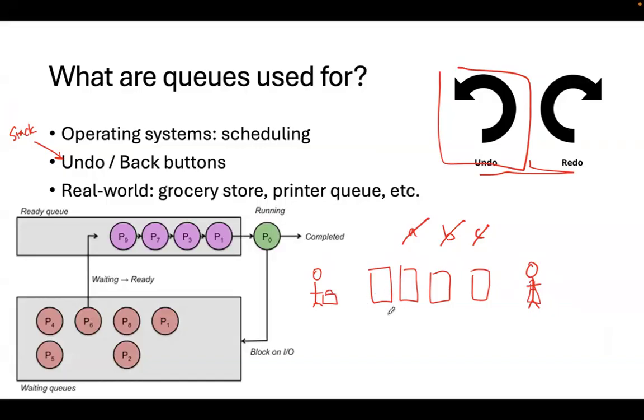We go to the milk section and we take this and put it in my basket. The person who works at the grocery store can add new gallons of milk behind that. And so that's a queue, right? The first gallon of milk that the worker puts in is going to be the first one that we, as the customer, take out.